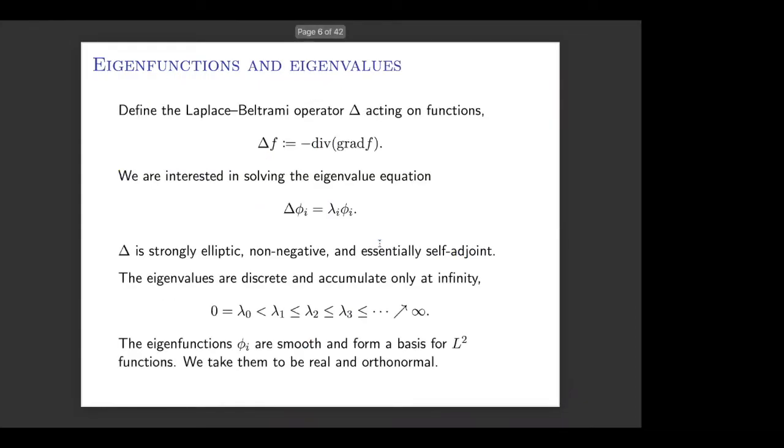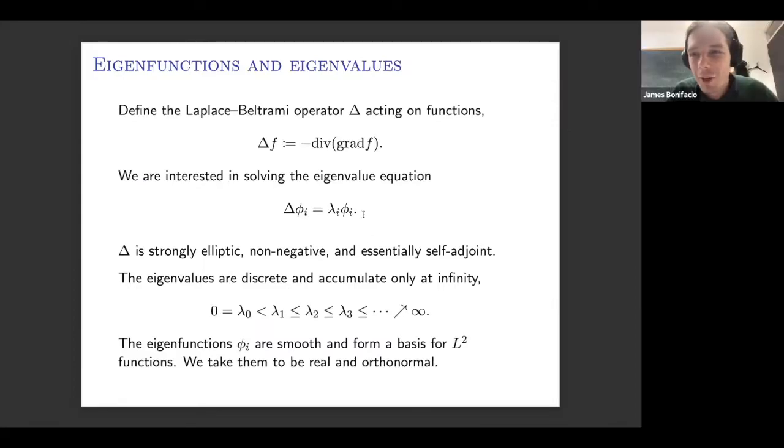My question is just here. I don't see the domain. So I'm thinking of these phi_i as functions defined over the whole manifold, and it's closed. So there's no boundary, so it's just a closed eigenvalue problem, rather than restricting to subdomains of the manifold, which maybe is what you're thinking of.